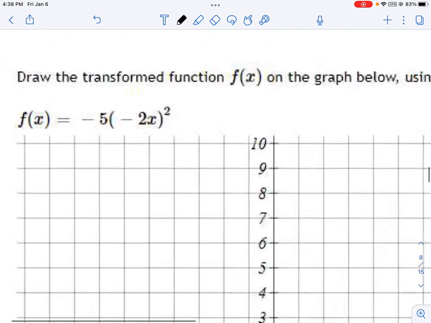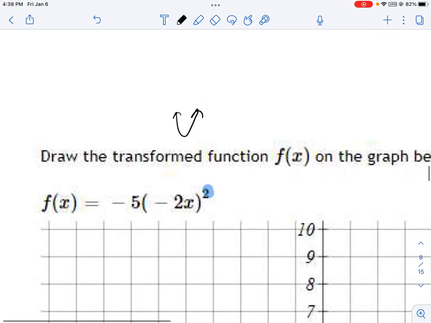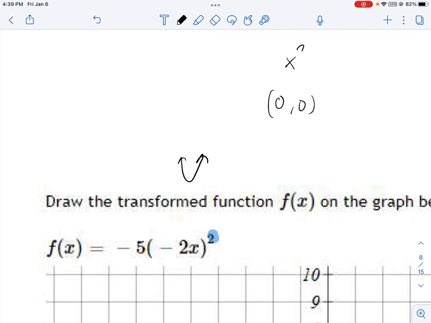Alrighty, so looking at this one, I'd say, okay, we see that square, that means we're going to have the U-shaped graph, or quadratic. Now, the pattern for a quadratic is as follows. For this one, it starts at 0, 0. And we can tell what the pattern is by just plugging in the points, right? You plug in x, you get out y. So if you plug in 0, 0 squared, 0.